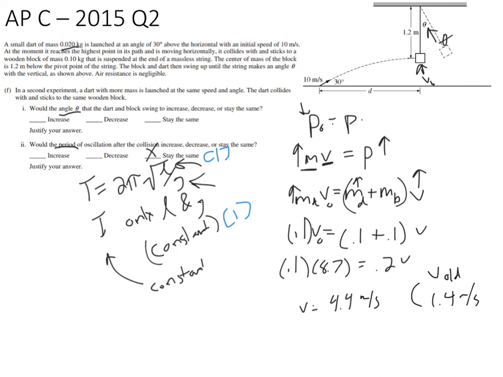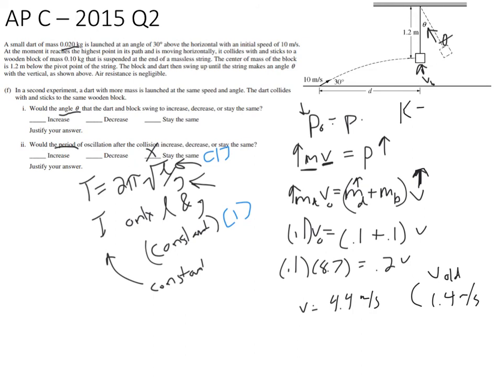So yeah, increasing the mass here will increase the total momentum of the object before, which means that the velocity afterwards will increase. Another way to say it is that increasing the mass of the dart while keeping the velocity the same increases the initial momentum, which increases the final momentum, which increases the kinetic energy.